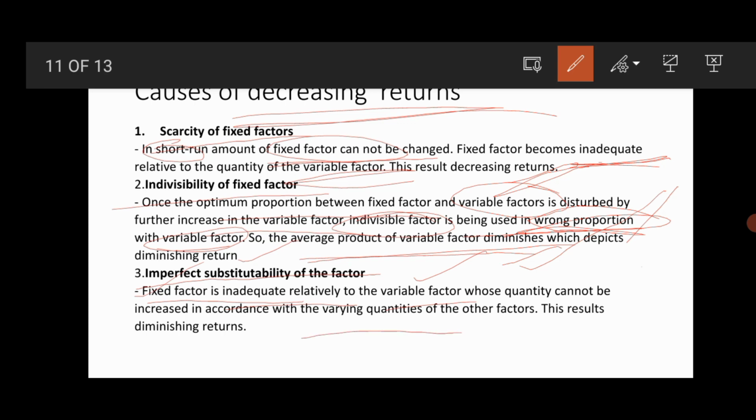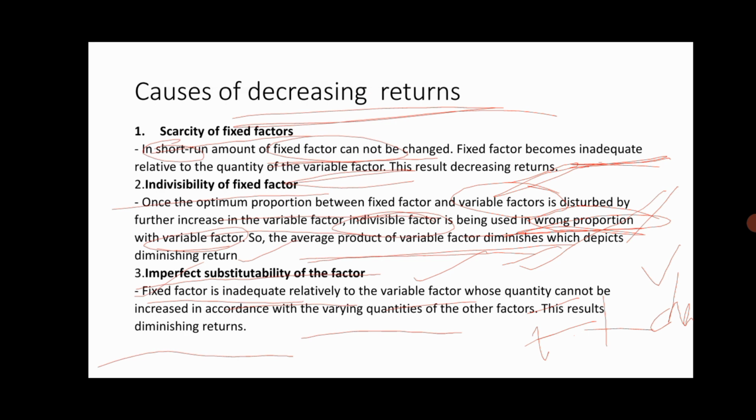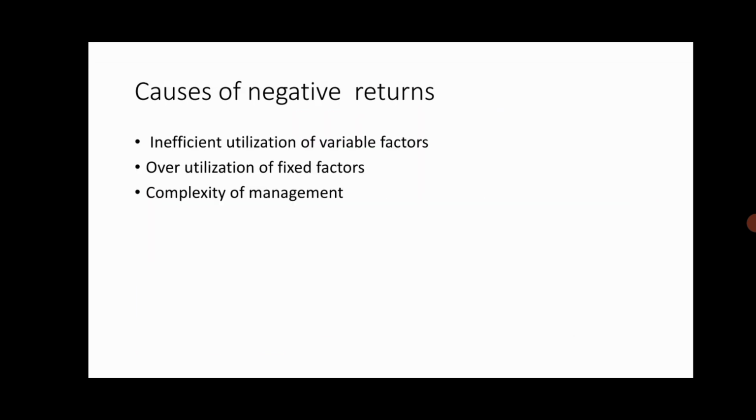As we can see, the variable factor was changed, but fixed factors they can't change. So because of that diminishing returns operate. Relative to the proportion of fixed factors, variable factors can be increased, but fixed factors can't be increased. That was the reason for diminishing returns.